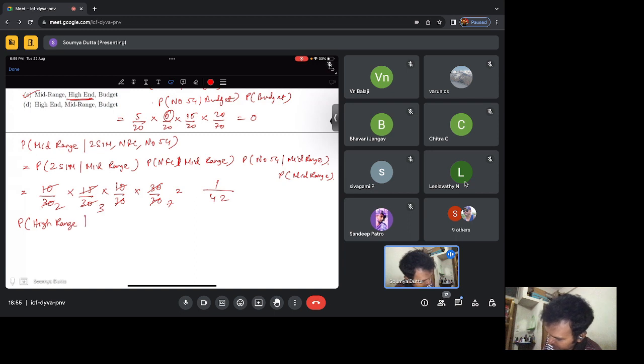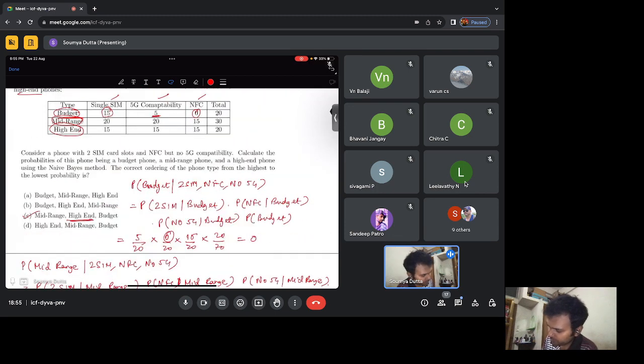High range given 2 SIM, NFC and no 5G, which would be P of 2 SIM given high range, into P of NFC given high range. I'll write HR for high range, and no 5G given high range, into P of HR.